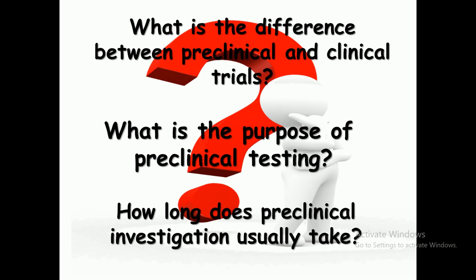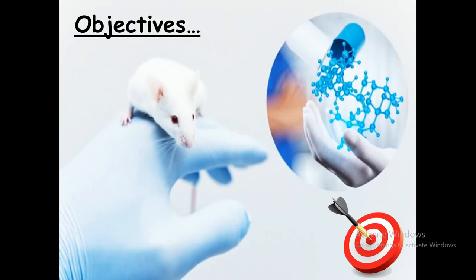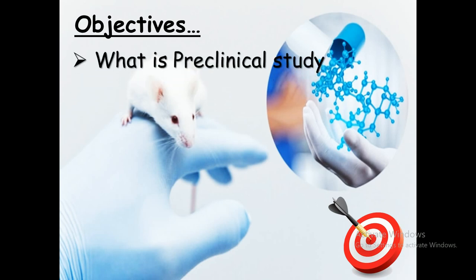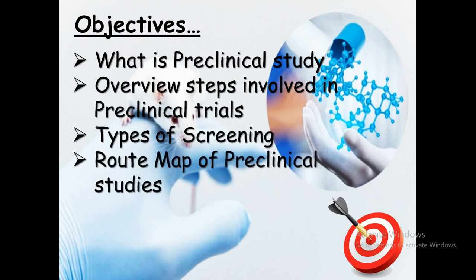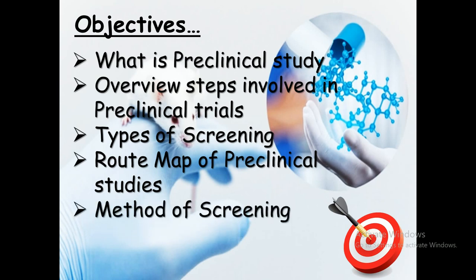So let's get started. Objectives: first, to know what a preclinical study is; to briefly overview the steps involved in preclinical trials; to know the types of screening; to see the road map of preclinical studies; and to learn in brief the methods of screening. So let's get started one by one.